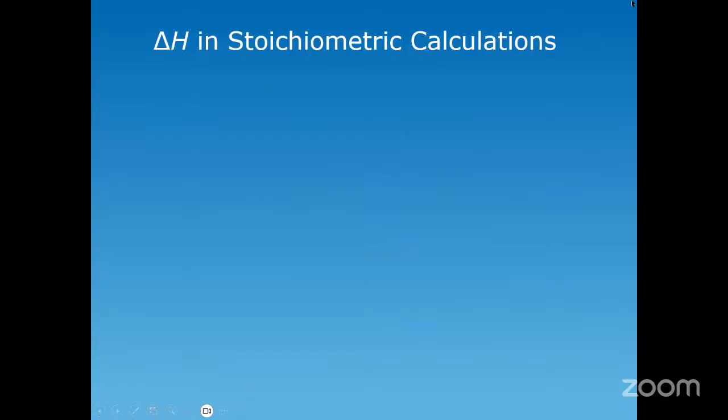Okay, so I think this is going to be the last thing we're going to discuss today. We're going to look at how stoichiometry affects the use of delta H in calculations.